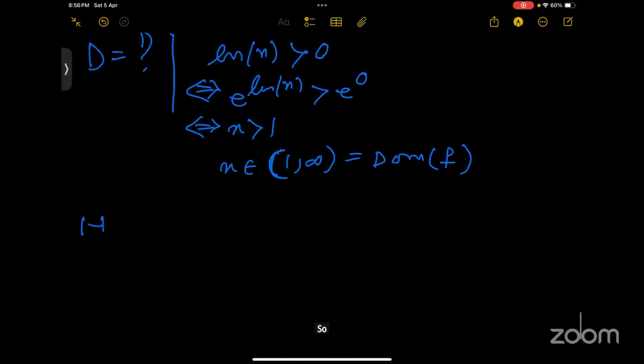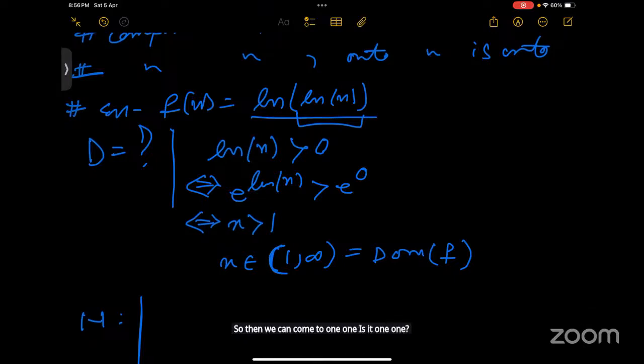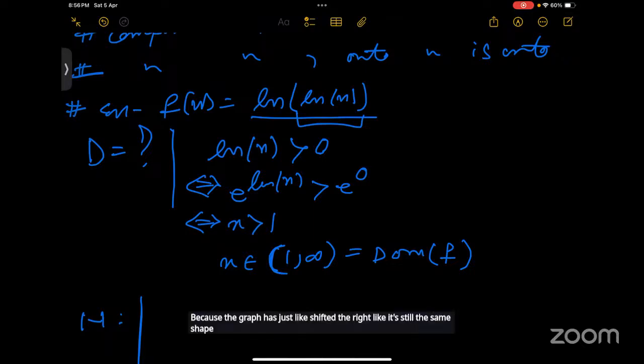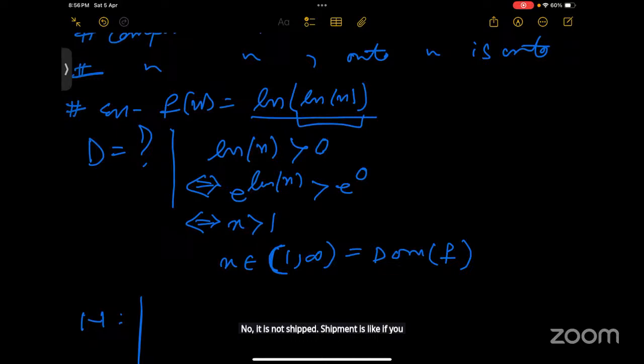So then we can come to 1, 1. Is it 1, 1? Yes, ma'am. What is the reason? It is not a shift. A shift is when you add a constant to some function.